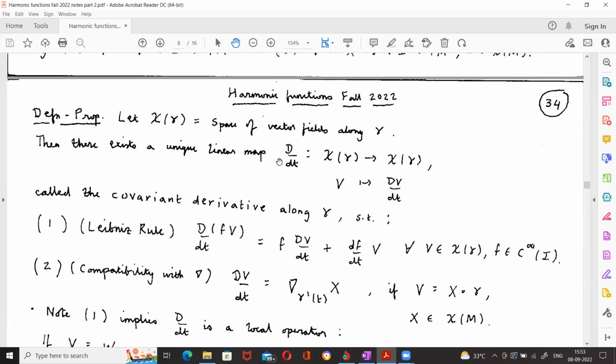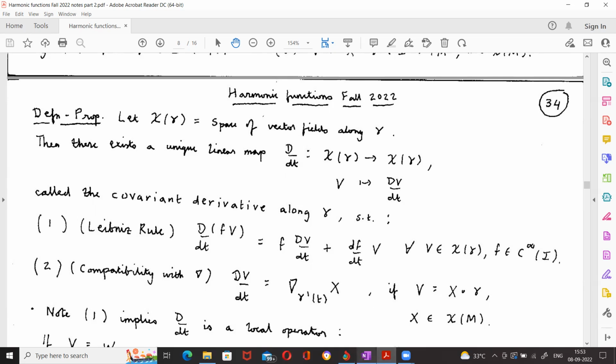For a submanifold of Rn, a vector field along the curve you can think of as a map into the ambient space Rn, taking values in vectors in Rn, and then you just take its usual derivative, little dv dt, and then take the tangential component, right?